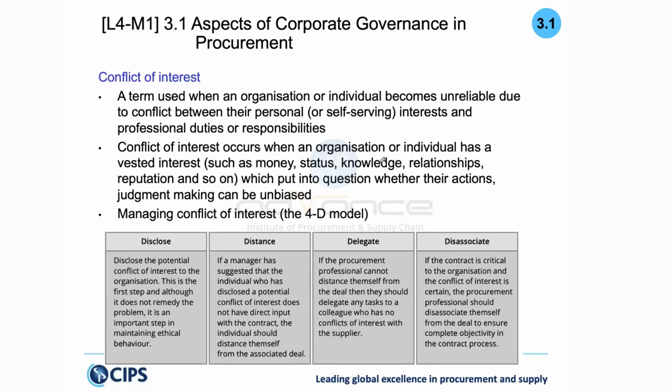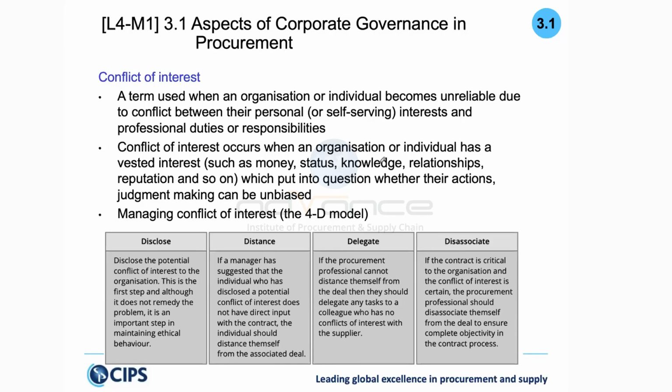You cannot be trusted because you have an interest. You're putting your interest before anybody's interest. You know the person in the supplier's organization who is actually set up by your spouse, by your friend, by your relative. So when they make money, you make money. But you have certain shareholding. There is certain vested interest. Right. So that will come into question when whether your action or your judgment is biased or unbiased.